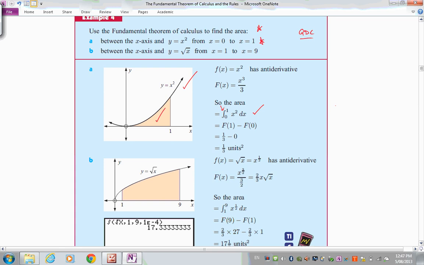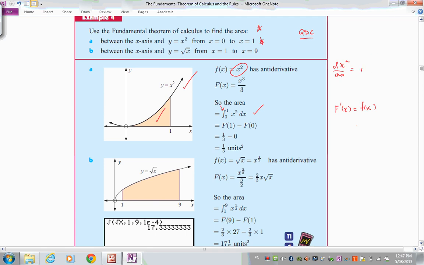Well, we have to find this area function, which is such that its derivative is the original function. Well, let's go back and find it. If a function was x squared, what function would have its derivative equal to that? Well, let's reverse the x to the n rule. We know the derivative of x to the n is n x to the n minus 1. I've put that around the wrong way there a bit.